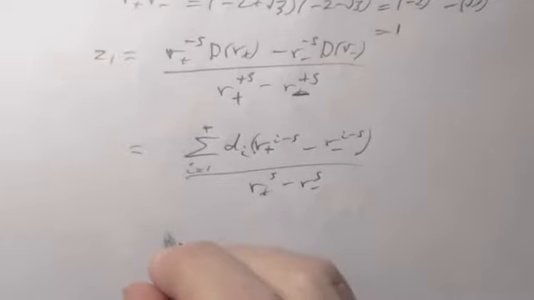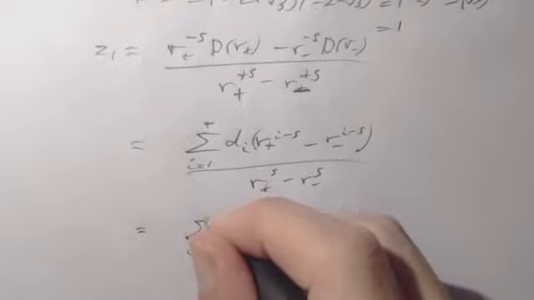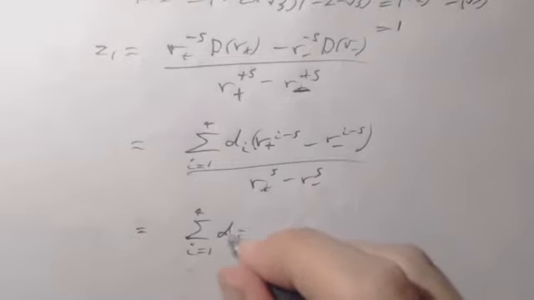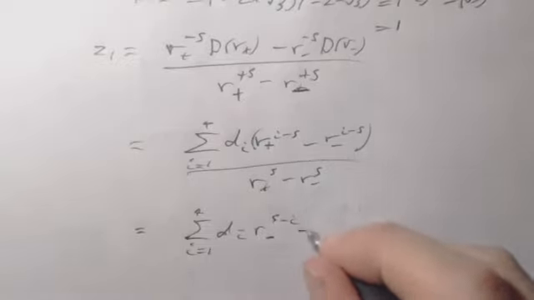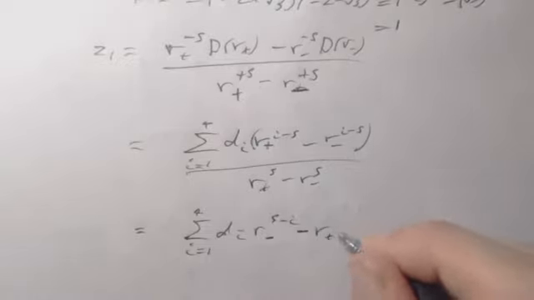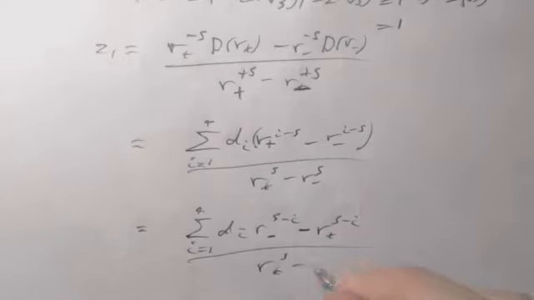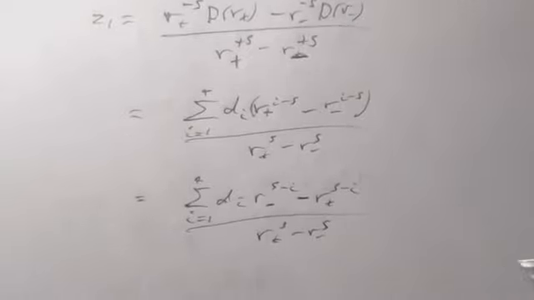And again, using the fact that r plus is the inverse of r minus and r minus is the inverse of r plus, this becomes the sum of di times r minus to the 5 minus i minus r plus to the 5 minus i, over r plus to the 5 minus r minus to the 5. So we've got positive indexes now. And now it's looking good again, because all we have now is differences between powers of r plus and r minus, which we know all about already.